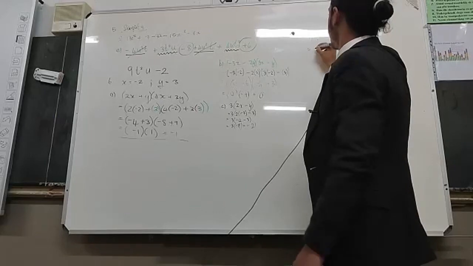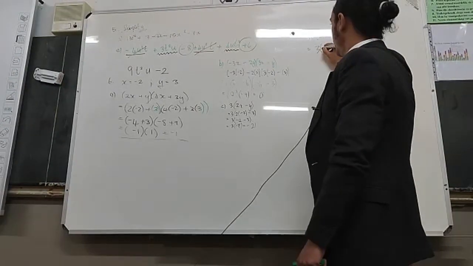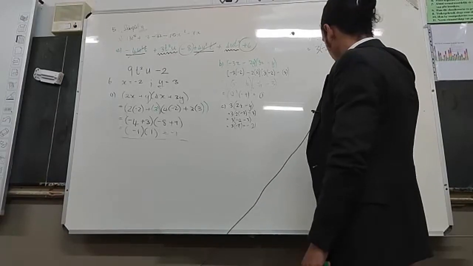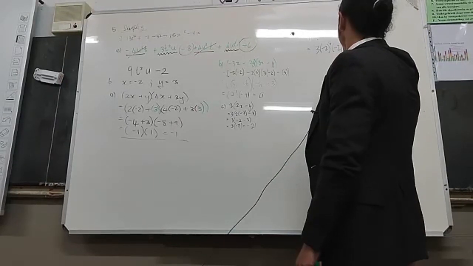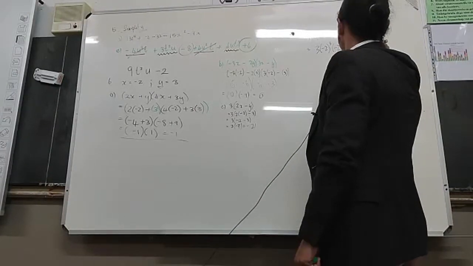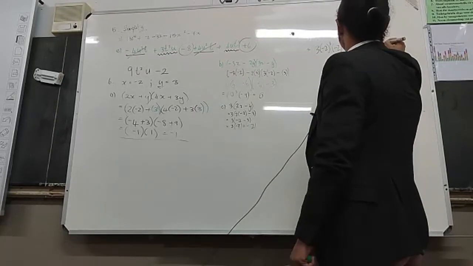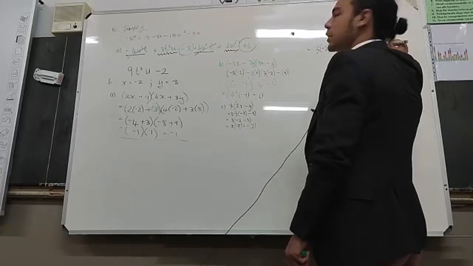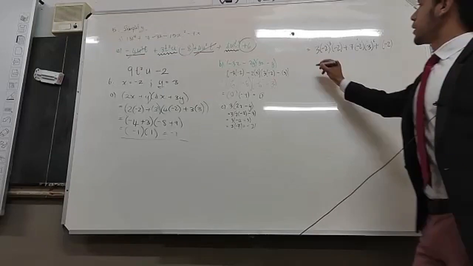Let's do the substitution. So that's going to be 3 times negative 2 to the power of 3, and that is also negative 2 plus 7 times negative 2 times 3 squared, and then plus negative 2.